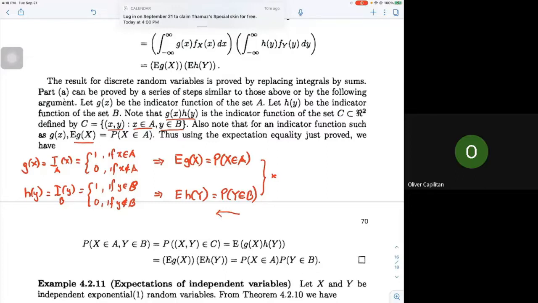If we're going to determine its CDF, the cumulative distribution function, we need the probability that the random variable is less than or equal to x. You can compute this as the integral from negative infinity to x of the PDF. And you can verify that the CDF for this is equal to 1 minus e to the negative x.